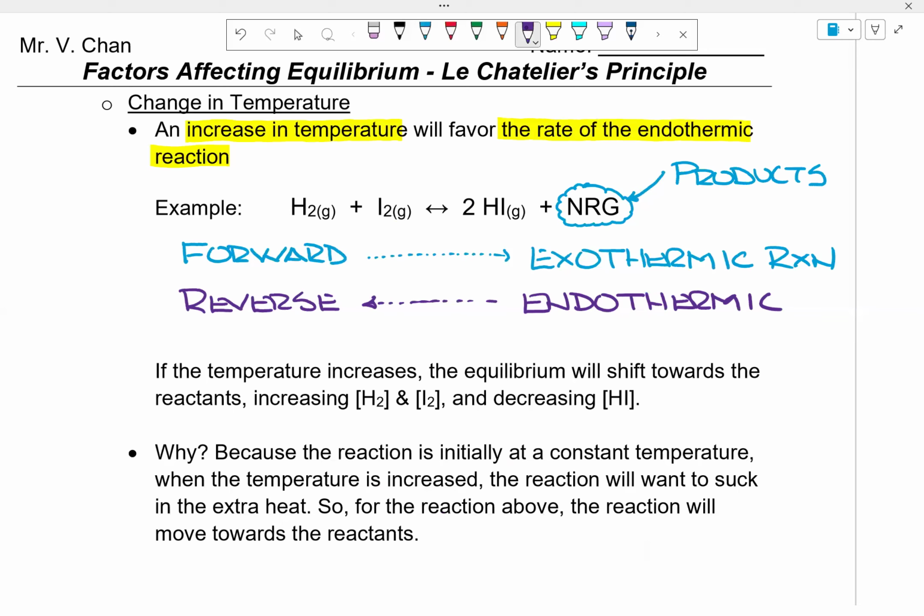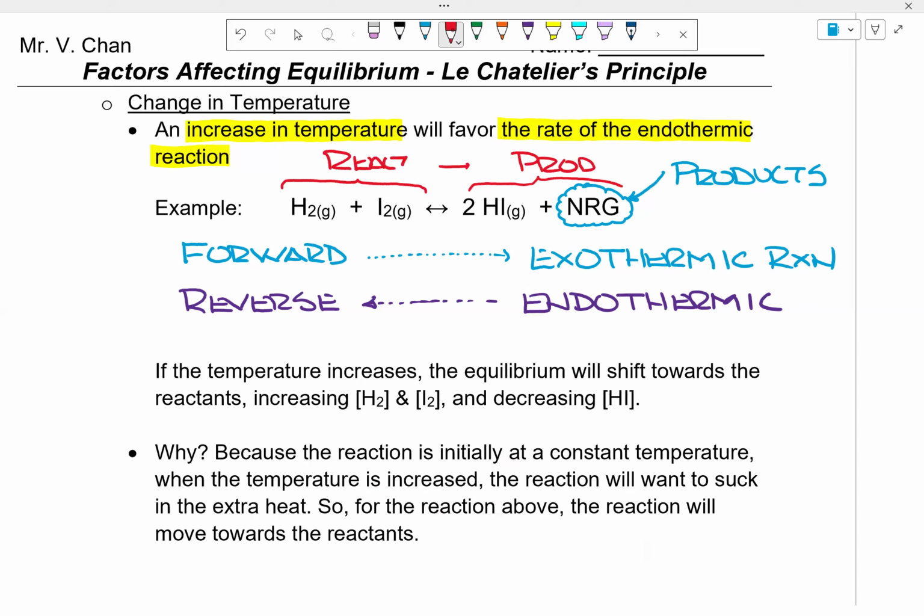Now, one thing you have to consider is that when you look at a chemical reaction, there is an exothermic reaction and there's also an endothermic reaction. So you might say, well, Mr. Chan, which is which? In this scenario, if I don't state it, by convention we always think that this is the reactants, going to here would be the products.